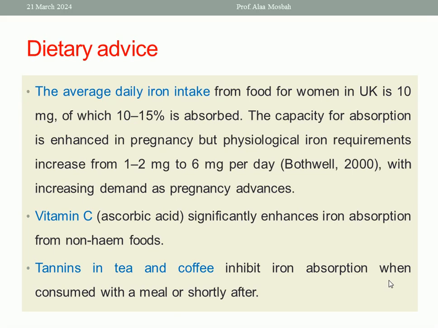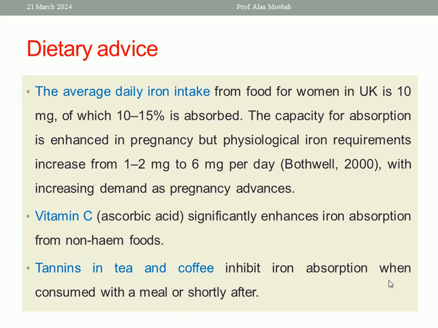On the other hand, tannins in tea and coffee inhibit iron absorption when consumed with a meal or shortly after. That's why you advise the pregnant lady not to take tea or coffee during lunch. Tea or coffee should be separated from the meal by more than 2 hours, not with the meal or immediately after it.